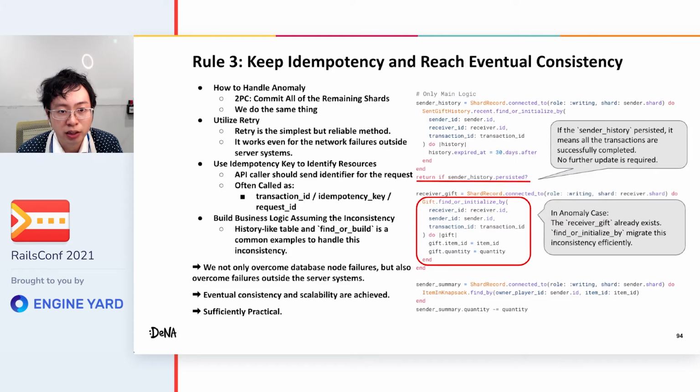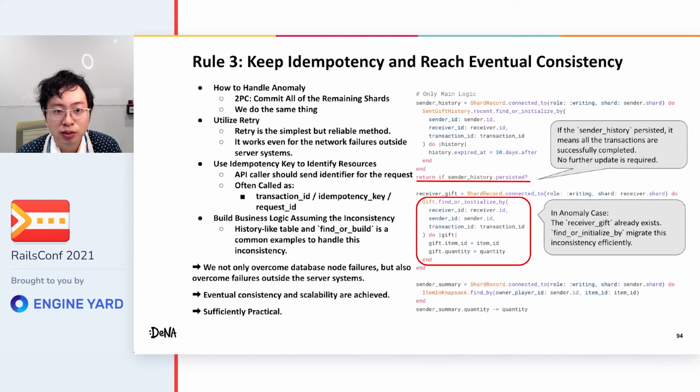The identifier is often called transaction ID, idempotency key, or request ID. We build the business logic assuming the inconsistency. A history-like table and find_or_initialize_by is a convenient way to handle this inconsistency. Let's look at the actual Rails code.